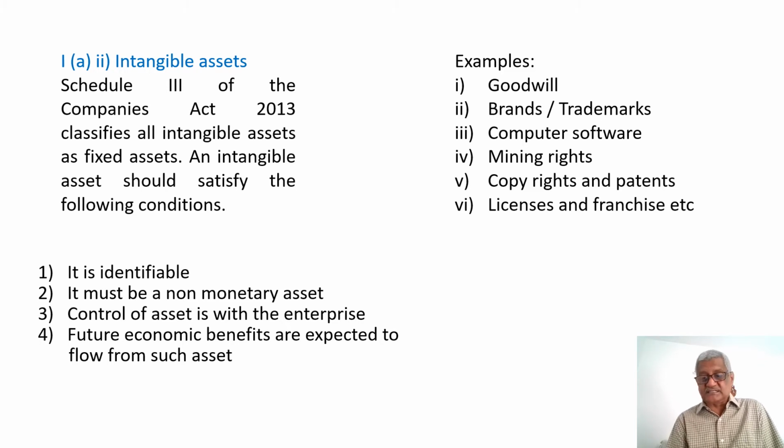Suppose somebody wants to classify an item as an intangible asset, the 4 conditions need to be satisfied. 1, it is identifiable. It must be a non-monetary asset. Control of the asset is with the enterprise. Future economic benefits are expected to flow from such assets. Subject to compliance of these 4 conditions, an asset can be classified as an intangible asset.